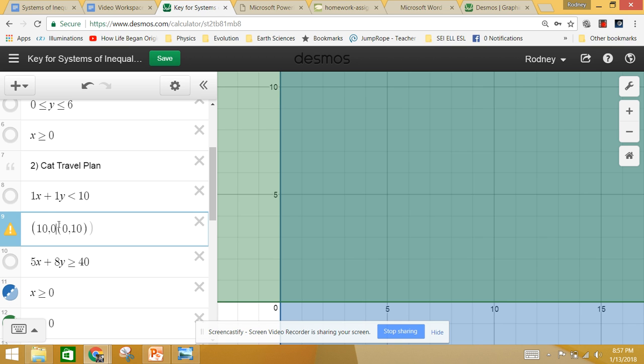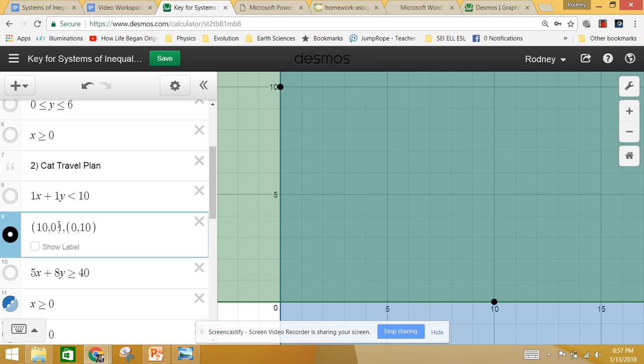This is my x-intercept at 10, 0. And some of you may object and say, but Mr. Ward, my graph doesn't have 10 on it. This is not precision graphing that we have to do here. So you can get away with eyeballing where those 10, 0 and 0, 10 are on your graph.